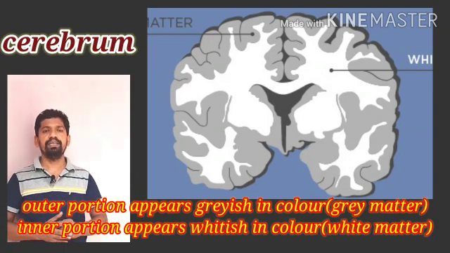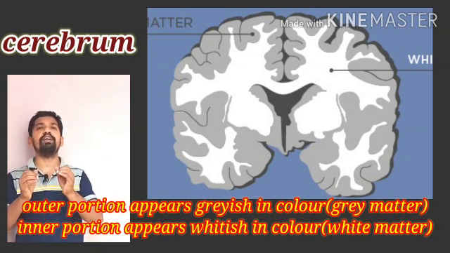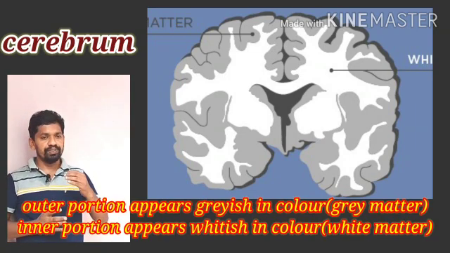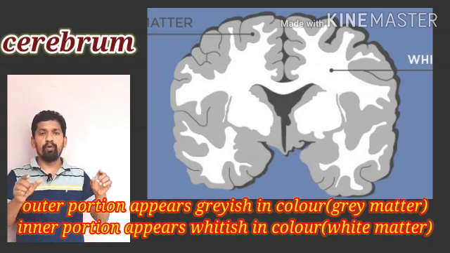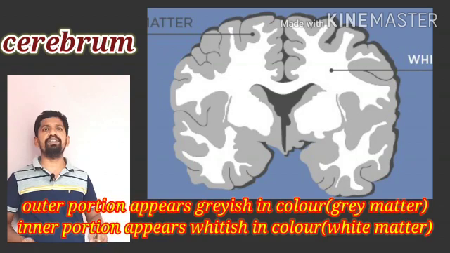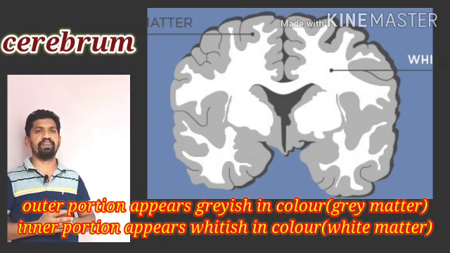Why? Because in the peripheral portion, most of the cytons of the neurons are present. Due to the cell bodies or cytons of the neurons, the outer portion appears as the matter known as gray matter.